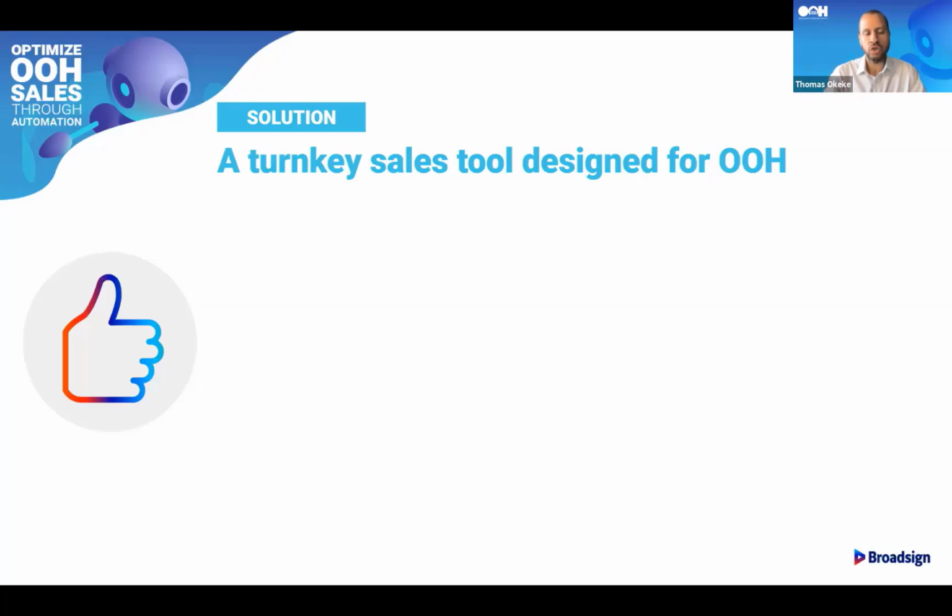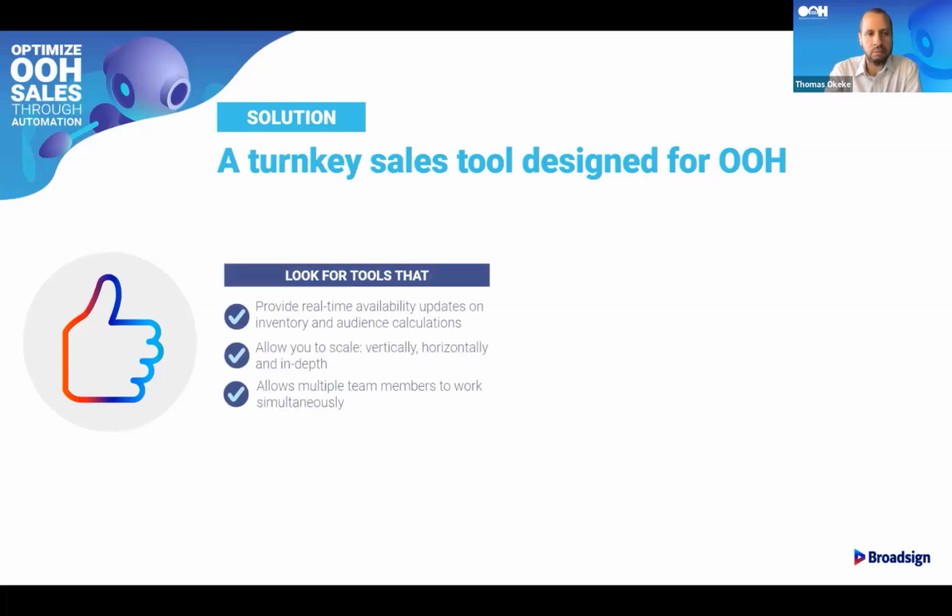If the inventory is changing frequently, you don't want to be in a position where you're double booking a screen because the data is not up to date. So you definitely don't want a data warehouse that only gets updated at midnight. You really want something that is live.